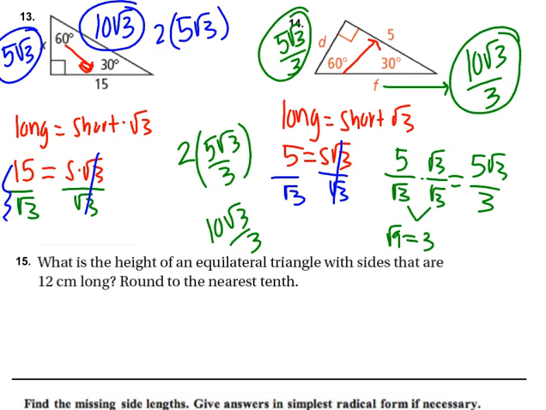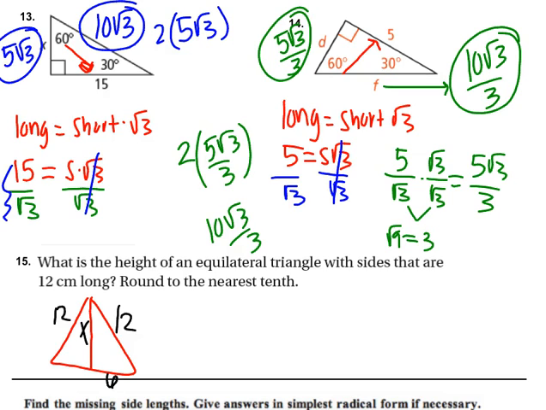And then 15 here. What is the height of an equilateral triangle with sides that are 12 centimeters long? Well, draw a picture, gives you an equilateral triangle. We want to know the height, x, and we know that the sides are 12 centimeters long. So then I know that if this is the height, then this becomes 6.